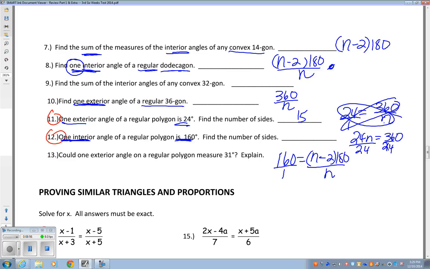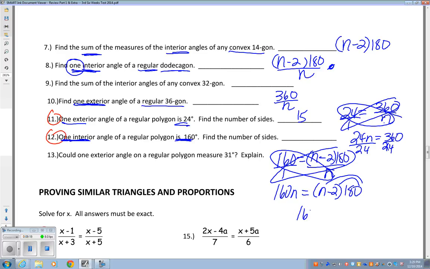I'm just going to put the 160 over 1 to create a proportion, and then I'm going to cross multiply. When I cross multiply, I get 160n equals n minus 2 times 180. And then you need to distribute the 180 into the parentheses.